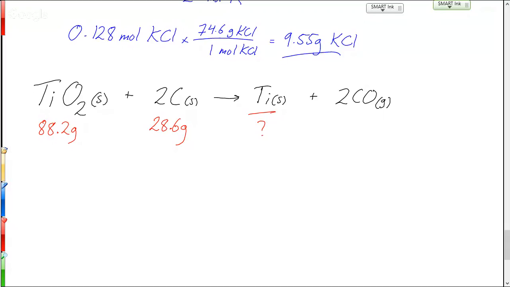You don't know which one you're using, so you have to do the ratio between these two. That would be one of these, the second one would be this.